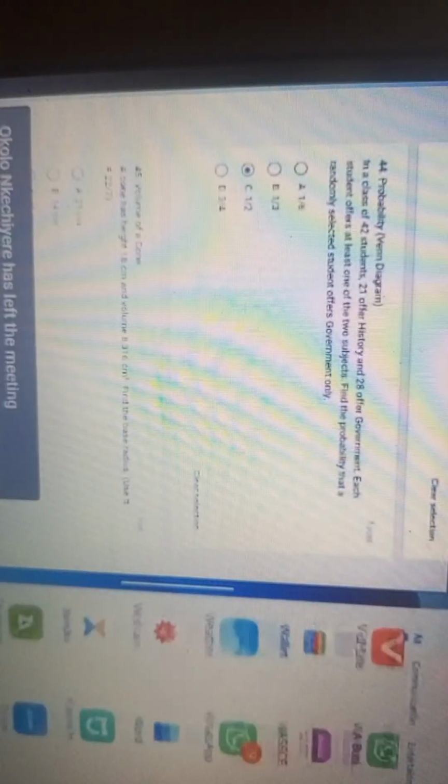So 8316 times 7 is 58,212, divided by 132 will give me 441.